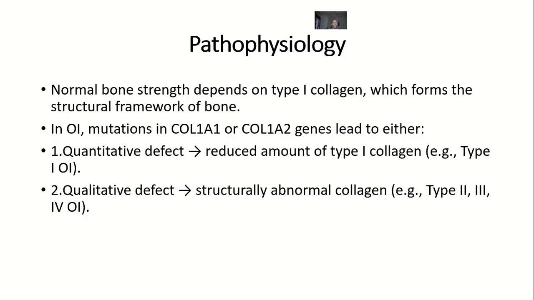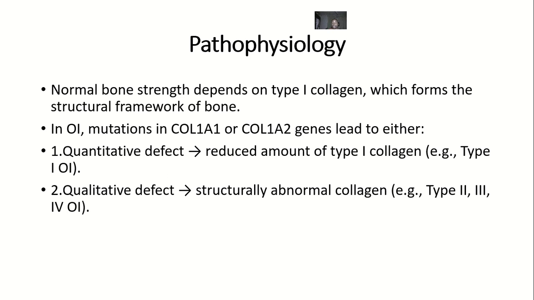What is the pathophysiology? Normal bone strength depends on type 1 collagen, which forms the structural framework of bone. In osteogenesis imperfecta, there is mutation in the COL1A1 or COL1A2 genes, which would lead to either a quantitative defect or a qualitative defect. In the quantitative defect, there's reduced amount of type 1 collagen.